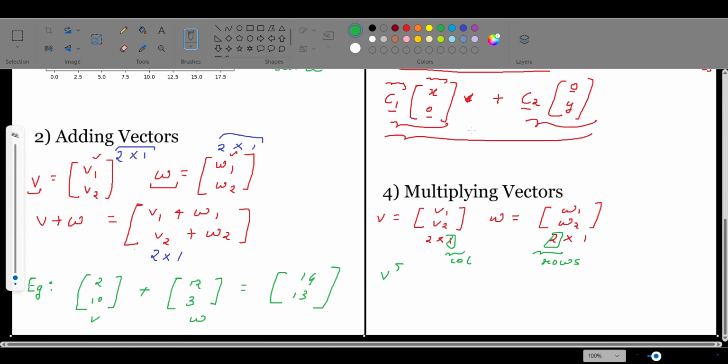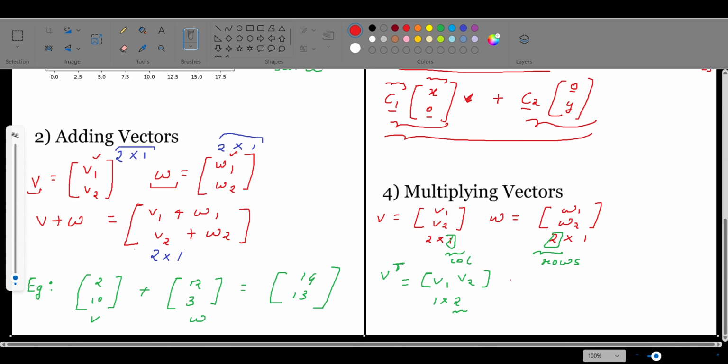V transpose, I've put a T over here, is just turning the columns into a row. So in this case, it would be (V1, V2). Now have a look at this. What is the shape? 1 cross 2. So this time the number of columns are equal to the number of rows in W. Therefore, you can multiply V transpose and W together.